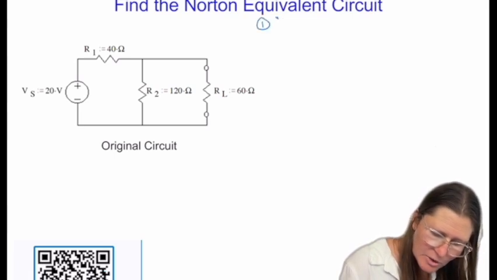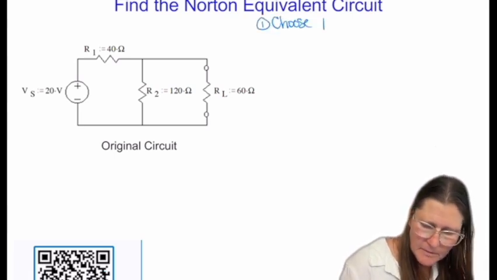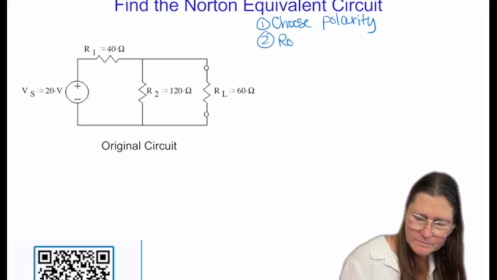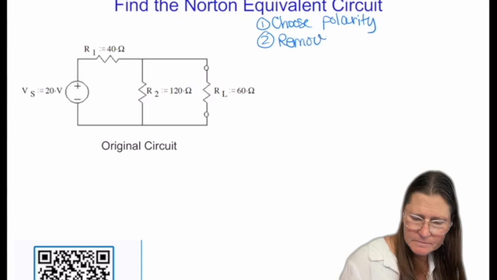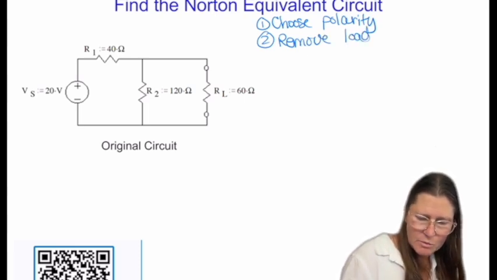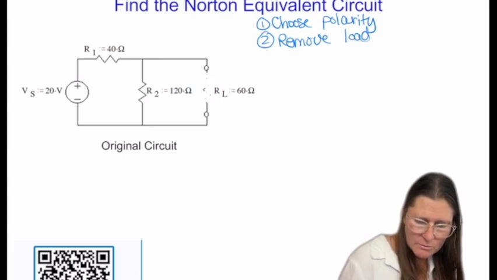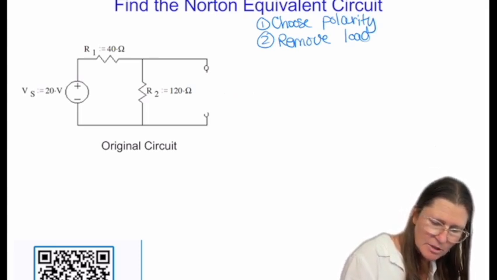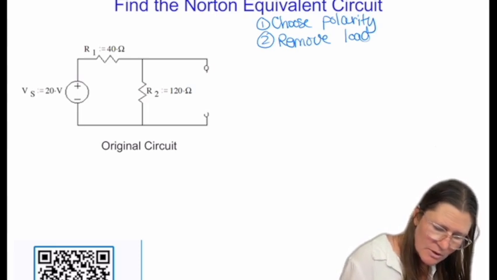So 1, choose polarity, and then remove load. So removing the load, I'm going to actually remove the load first and then choose my polarity. I like to have plus always on the top, so again I'm going to choose my plus on the top.